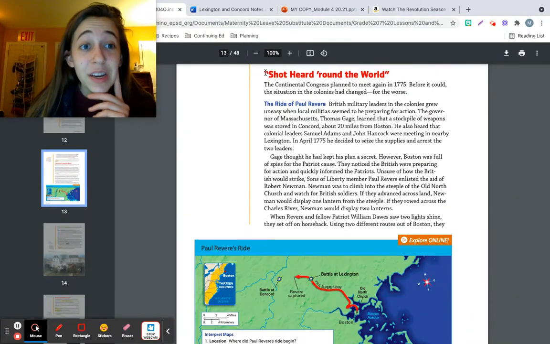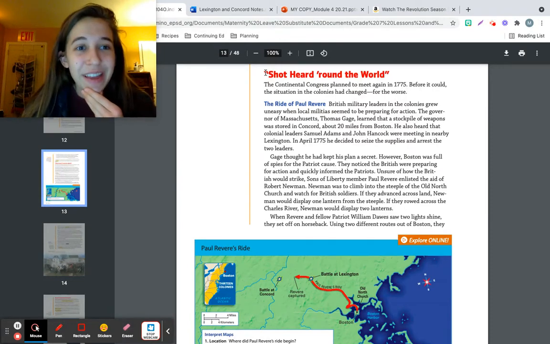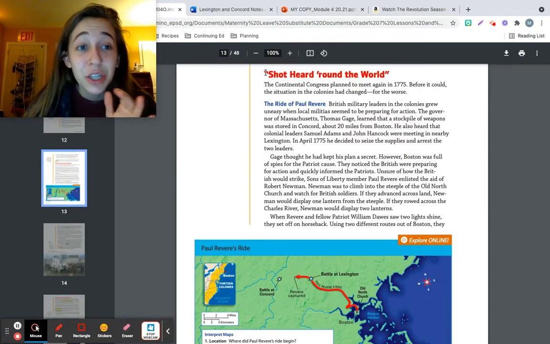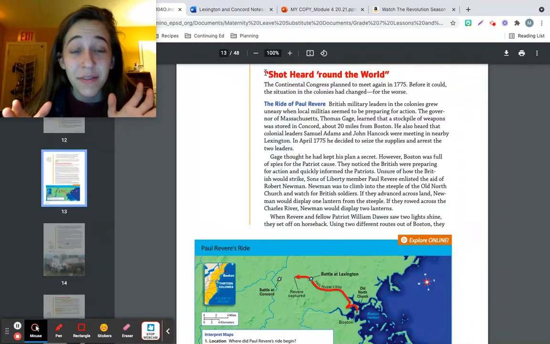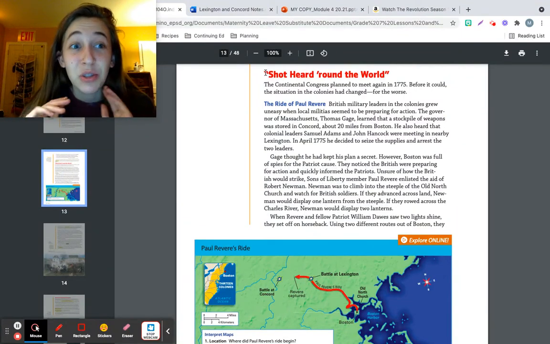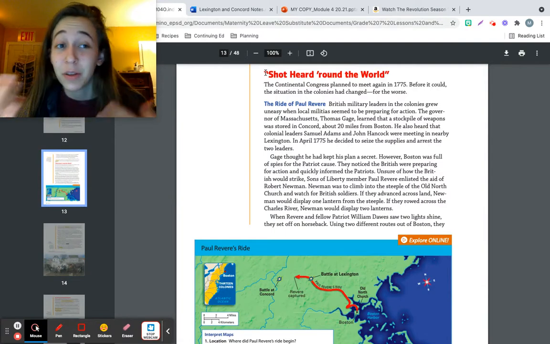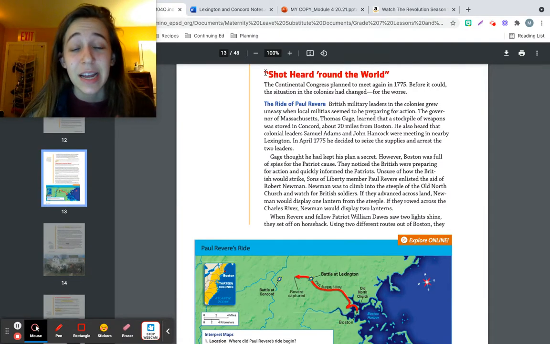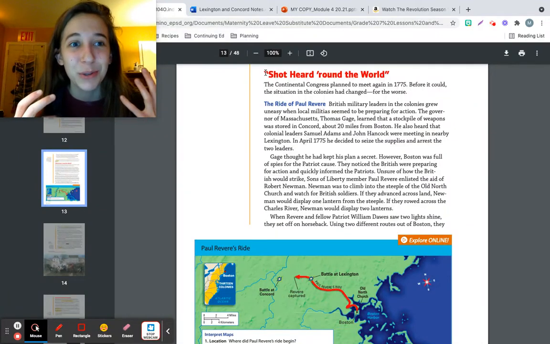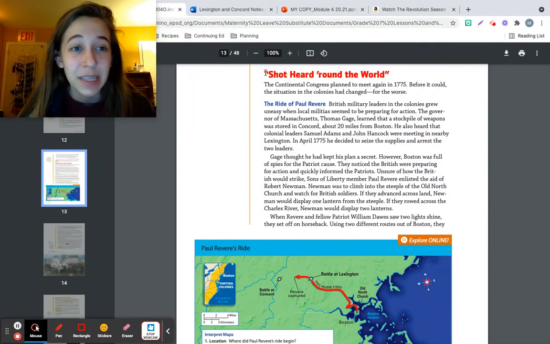And if you recall from the video, the British and the colonists were there and they were ready to fight, but somebody shot the first shot and nobody knows who it was, whether they were on the British side or the colonist side, nobody knows. But that was the very first shot of the Revolutionary War that started it all, basically.